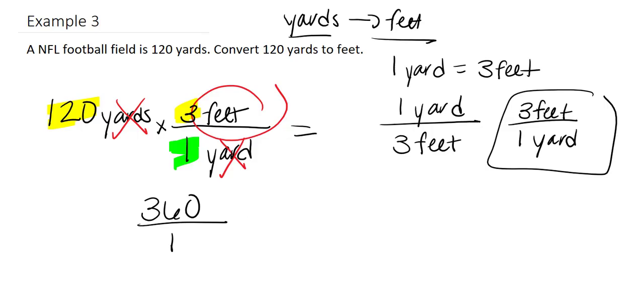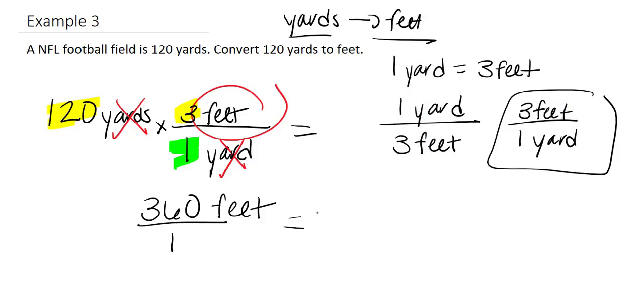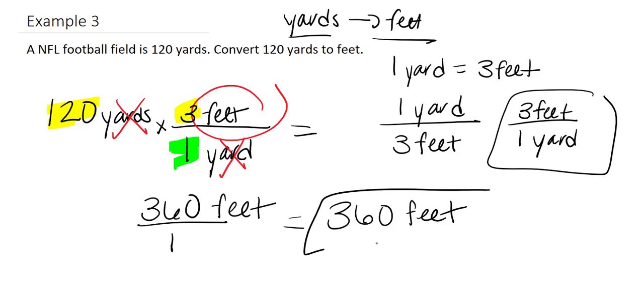Then we can divide it by 1, which will just be 360. Here's our divide button. Divide by 1, and we get 360 feet. And then we're done because we needed feet.